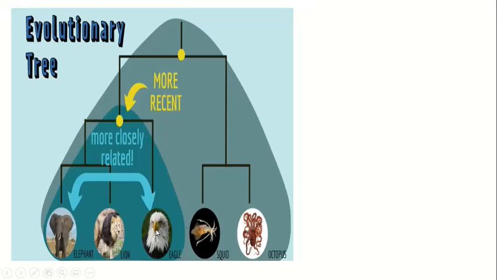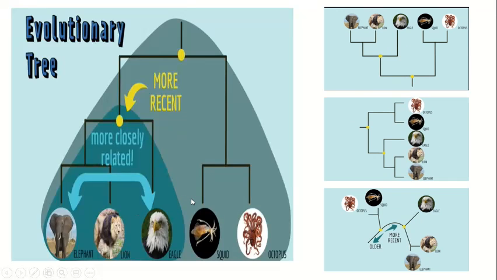It is because eagles arose from a common ancestor that gave rise to both elephants and eagles. And in this way, if we look at the most recent common ancestor, we can actually conclude which organisms are more closely related to one another as compared to others. And no matter how the phylogenetic tree is arranged, we can always make the same conclusions, and the relationship among these organisms is always going to remain the same.